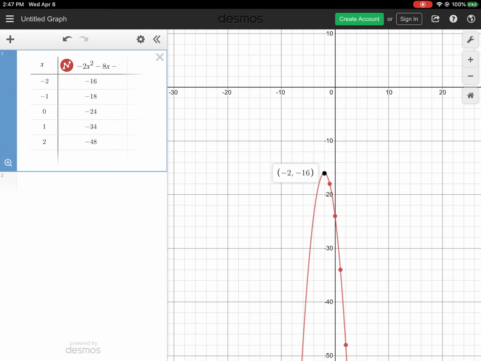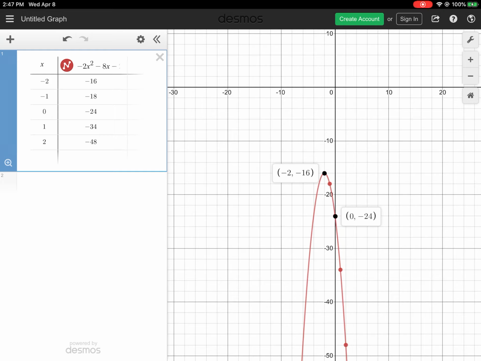But basically what I notice is I have a maximum. It's at (-2, -16). My parabola is opening down. So in this case, it's not crossing our x-axis. So we have no x-intercepts. That would also mean no roots, no solutions, and no zeros if they asked that terminology. We have a y-intercept here at (0, -24).